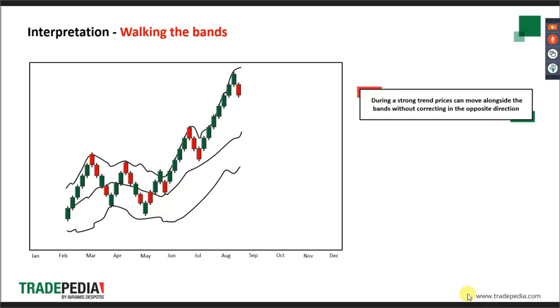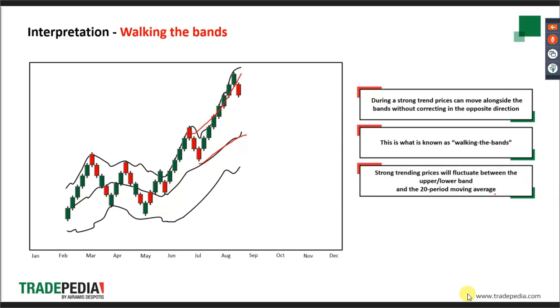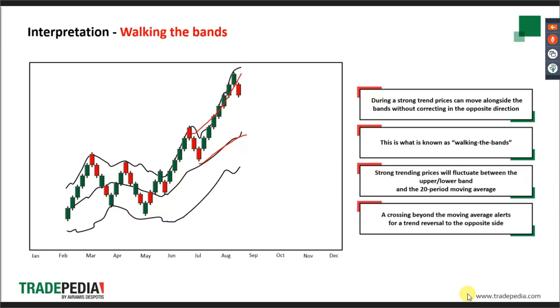In a very strong bullish trend, price may fluctuate just between the 20 moving average and the upper band. Crossing beyond the moving average may stand for a trend reversal.